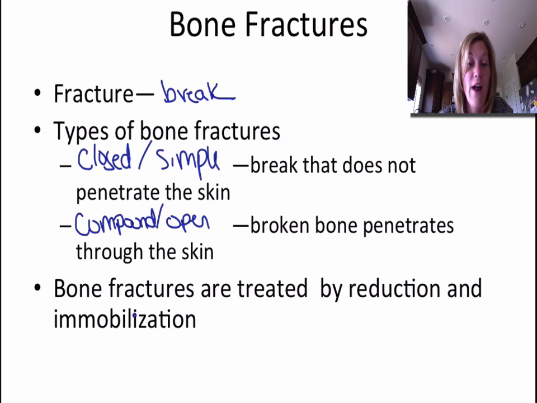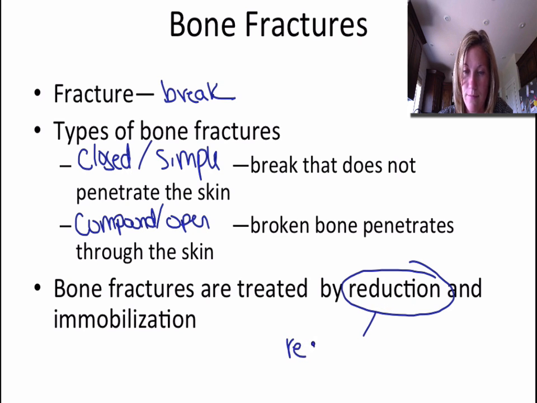Bone fractures are treated by reduction, and let's make sure everyone knows what reduction is. Reduction really means realignment. So bone fractures are treated by reduction and immobilization, so that you're not going to be able to move it. That's why they put you in a cast.